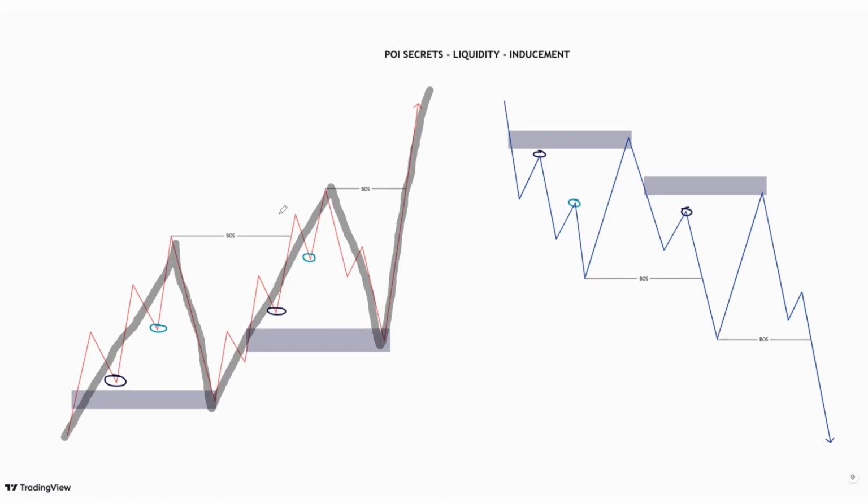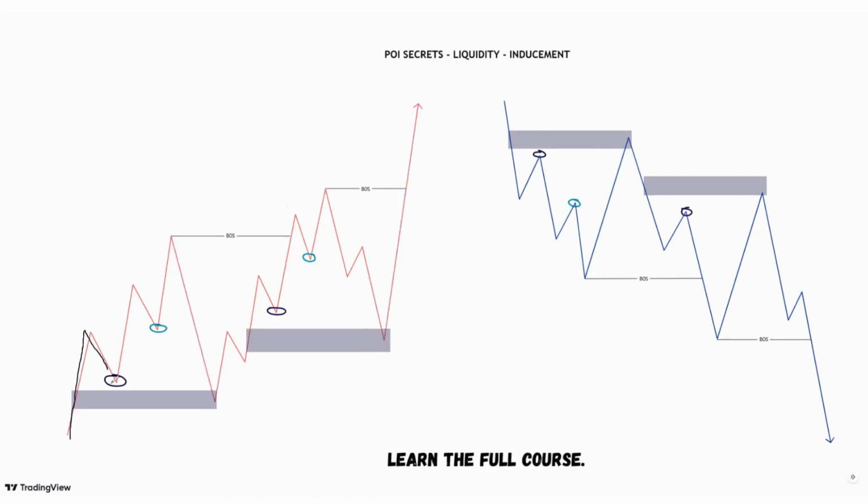What's happening here is that internal structure was bullish, then internal structure becomes bearish. Most people tend to think that the moment internal structure is bearish, the overall trend is bearish. No, it's not. That's why it's important to look at the overall picture first before you look at internal structure.